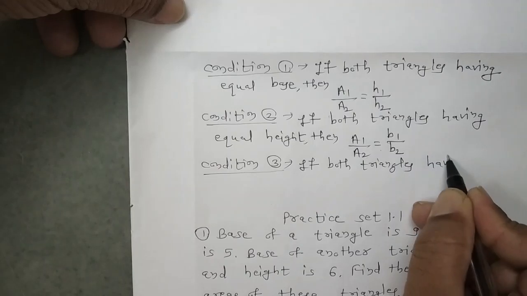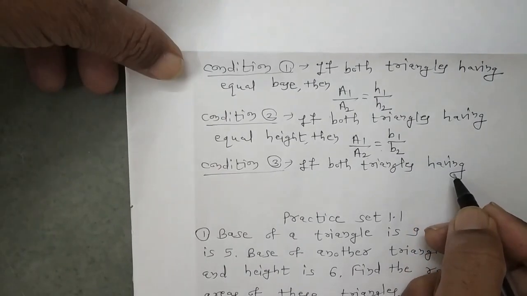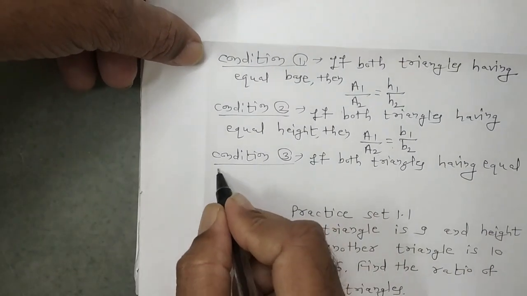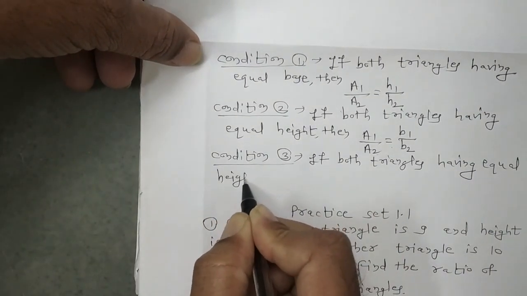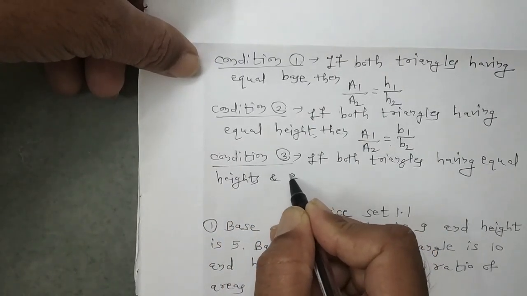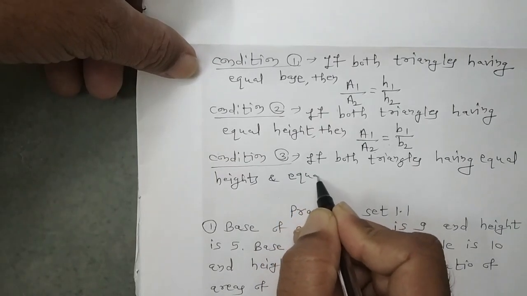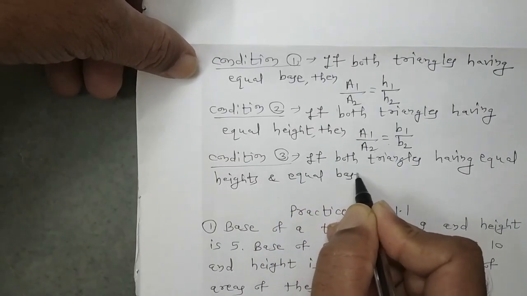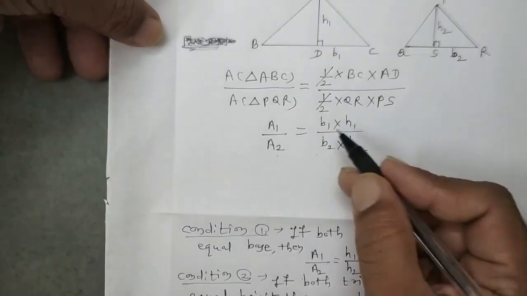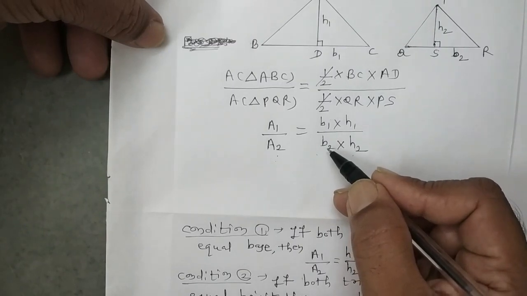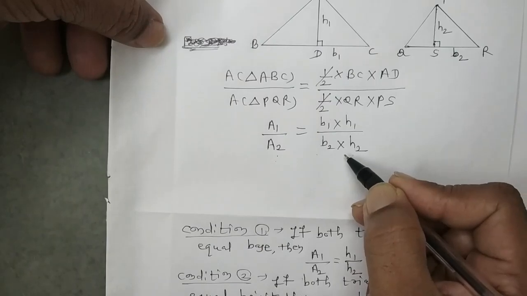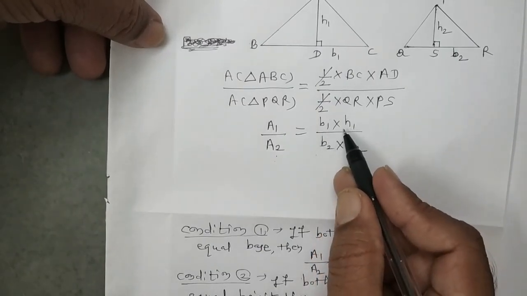Now the third condition: if both triangles have equal heights and equal bases, then if base and height of these two triangles are equal, that is B1 B2 get cancelled, H1 H2 get cancelled, that is the right hand side is 1.